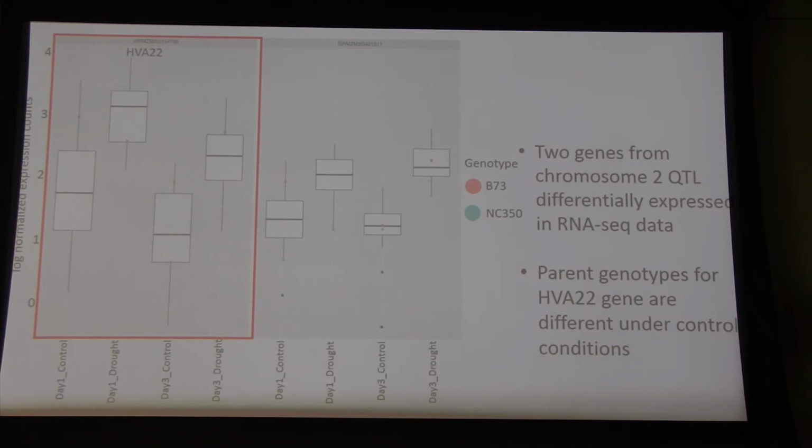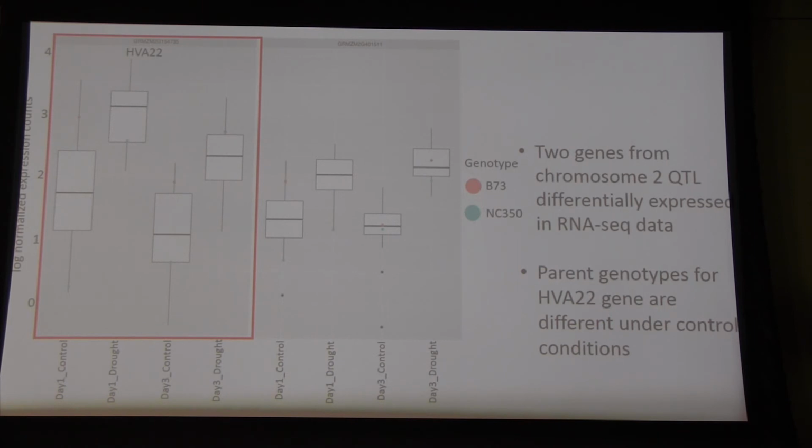But I looked in the regions that were significantly associated with stomatal conductance from the genetic mapping experiment. And so on day 1, I did find that there were genes differentially expressed, but unfortunately they're uncharacterized proteins, so we have no idea what they do, and so I'm not going to talk about them any further today. Feel free to ask me about them later.